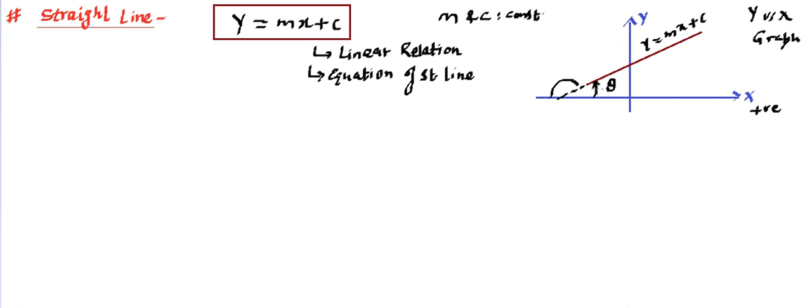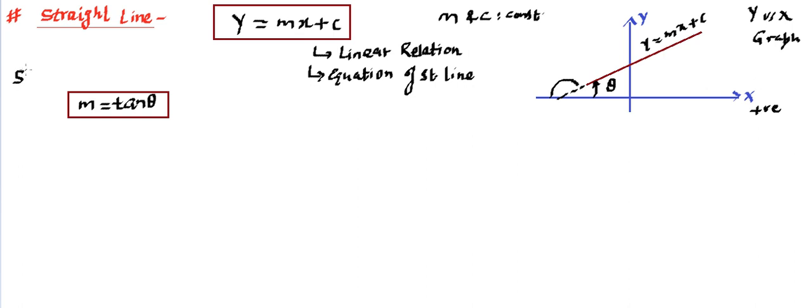Now if we are opting for this theta, you'll find this M is equal to tan theta. We can see how this comes, but this is something you need to keep in mind, and that's a very important aspect. So M is equal to tan theta. That means to find the value of M, we need to know at what angle this line intersects the x-axis, and this is known as the slope of the line.